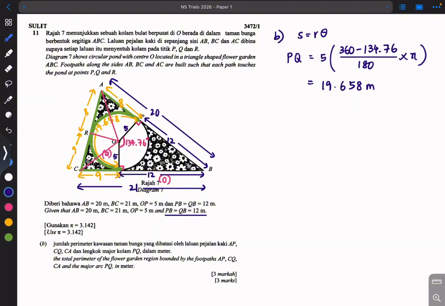So you can just write here, AC will be 8 plus 9, which is 17 meters. So the total perimeter will be this length AC, 17, plus AP, plus PQ, plus CQ, which is 9.